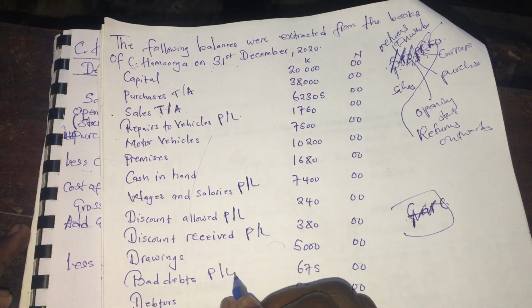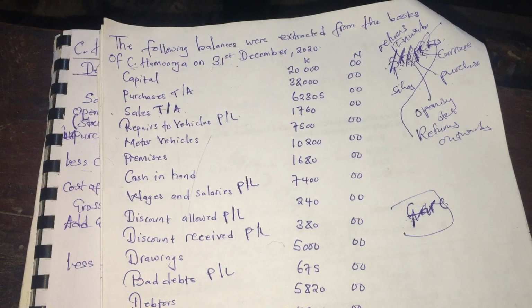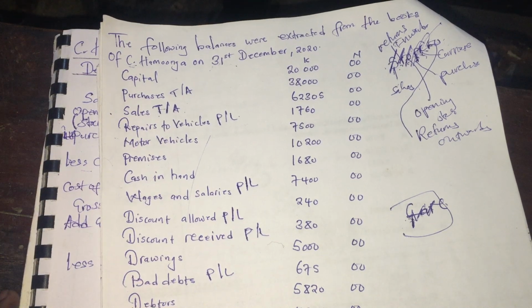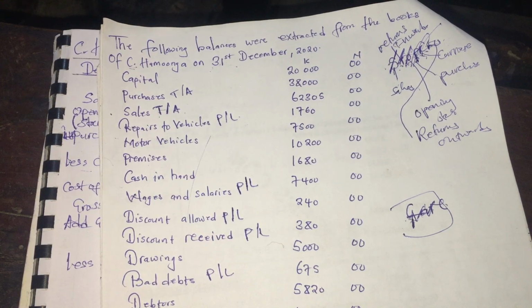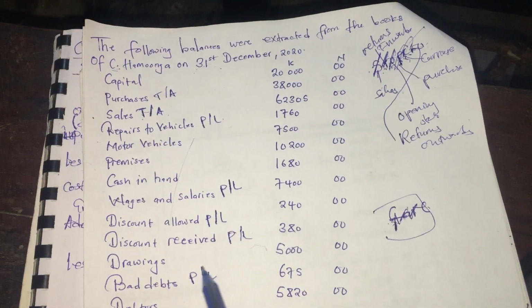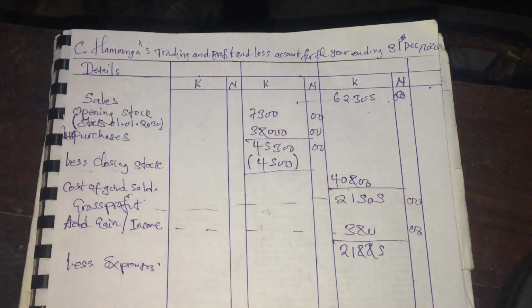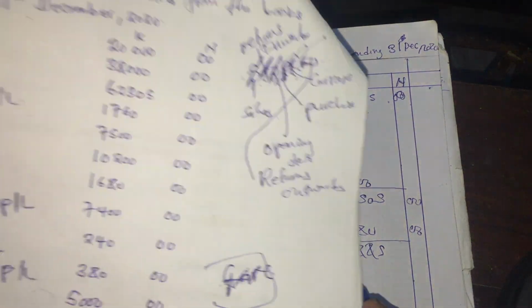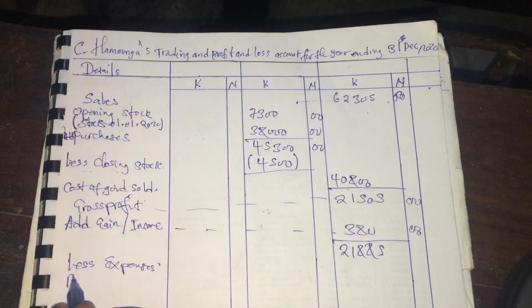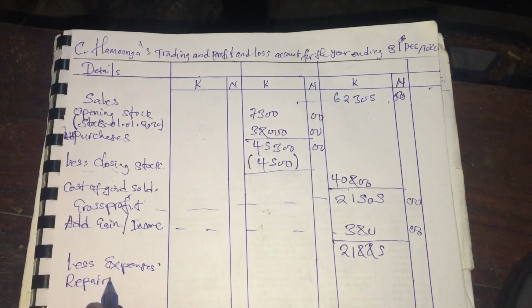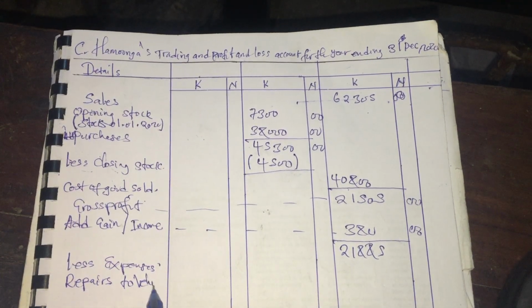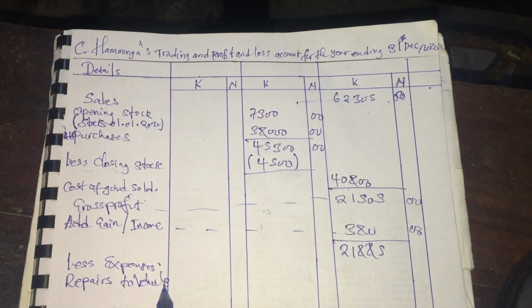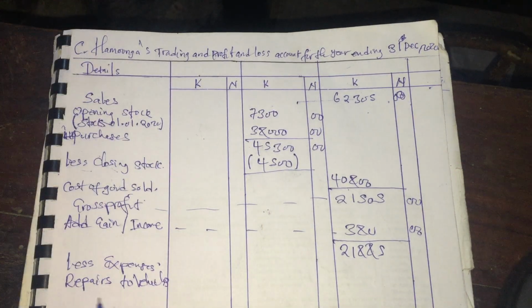Here, PL. And also, what else? Electricity, you'll be spending to buy power. So 1, 2, 3, 4, 5, you have to write everything here. First, repairs to vehicles.